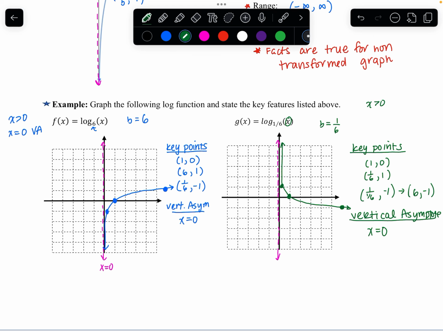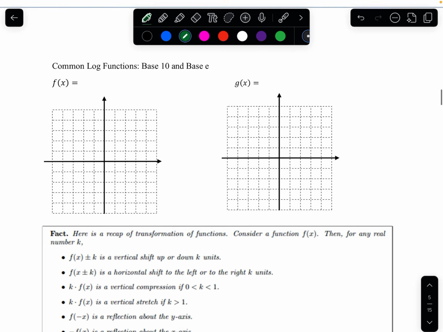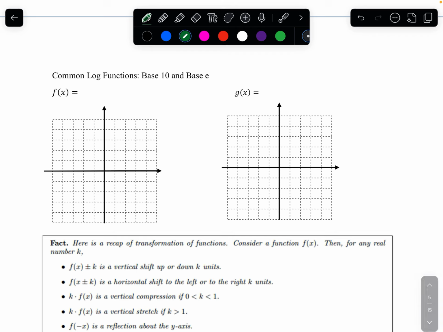What I do want to talk about is some of these common functions that we explored last time, and that is our base 10 and base e function. If we have base 10, we will commonly write those logs without a base.